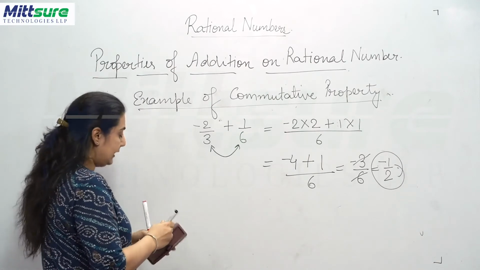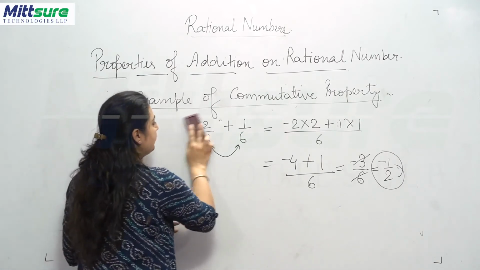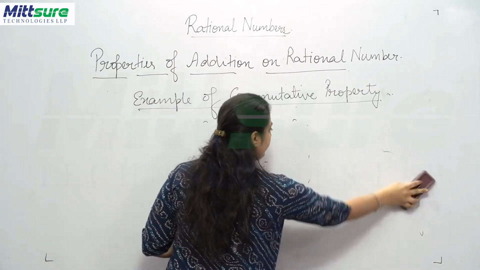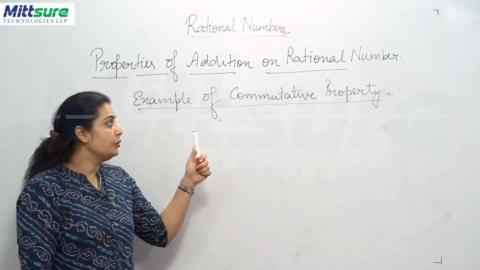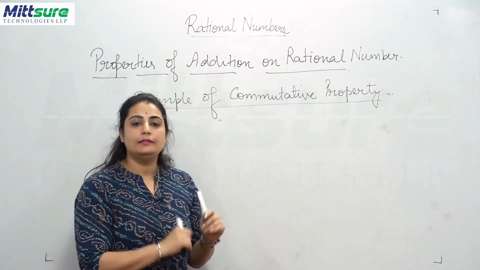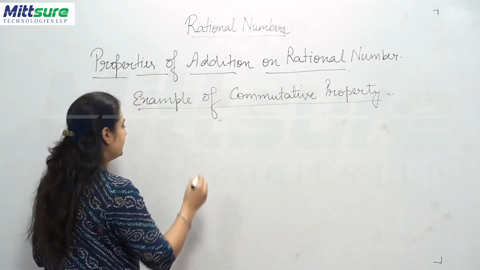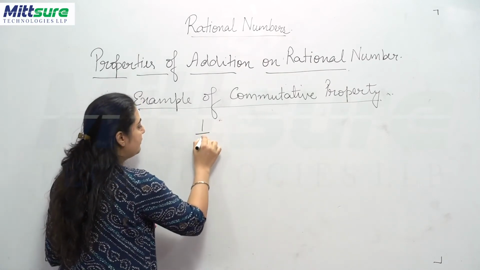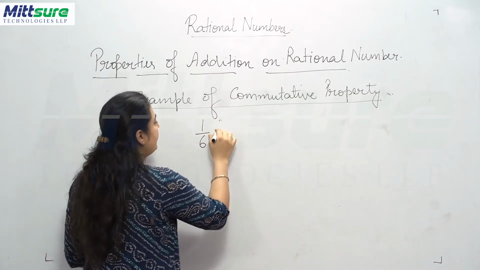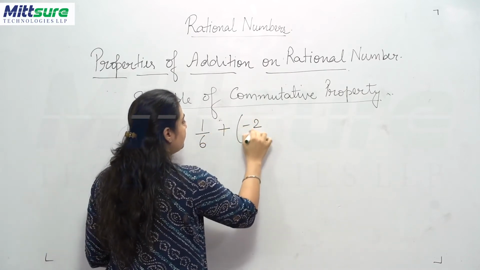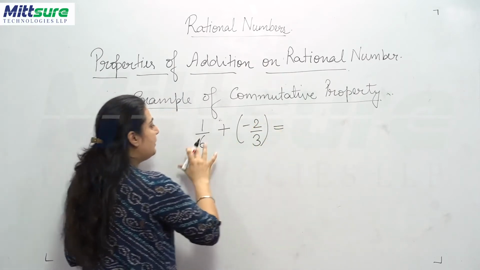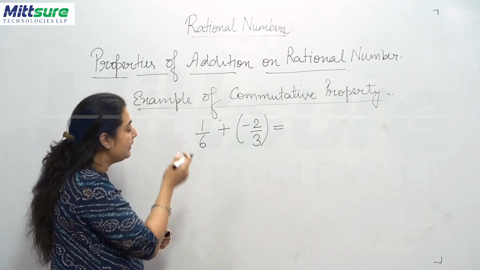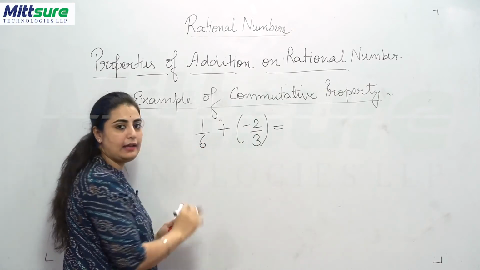Now, let's take it the other way round. That means, now let's understand the commutative property with the other arrangement of the rational numbers. Now, I will keep 1 upon 6 first and then I will keep minus 2 upon 3. Now, in the previous solution, we directly found out the LCM.